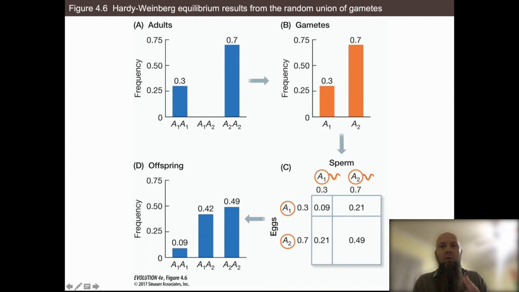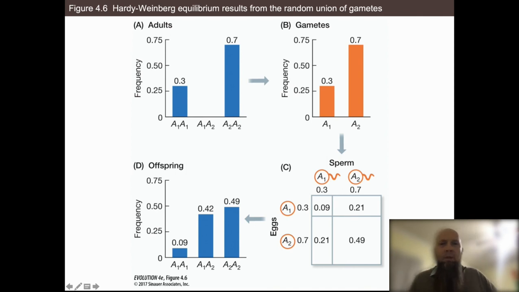So not only does every individual have a 9% chance of being homozygous for A1, if you look at all the offspring for the whole generation, 9% of them you would expect would be homozygous for A1, right? If every individual has a 9% chance, then you expect 9% of them to be homozygous for A1. Just think about it. If there are 100 offspring, every one of them has a 9% chance. How many of them will be homozygous for A1? Probably 9 out of 100, or 9%.